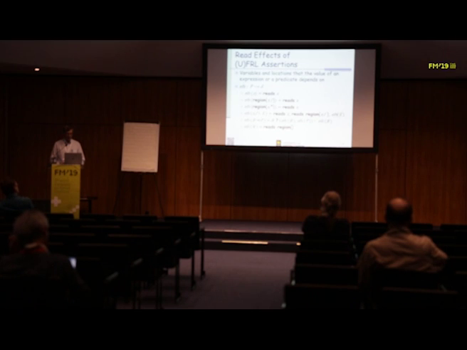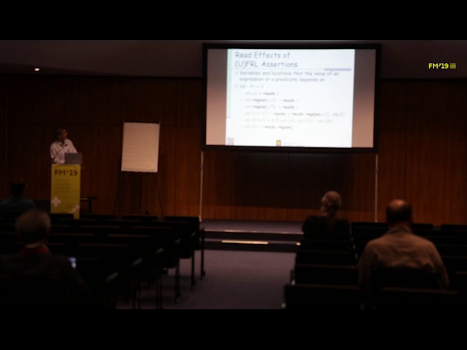And then the more interesting bits about UFRL is that there's a static way to figure out what it reads off the heap and what its footprint is. So what the read effects of an assertion are is given by this EFS or effects function. The read effects of a variable is just that it reads x.